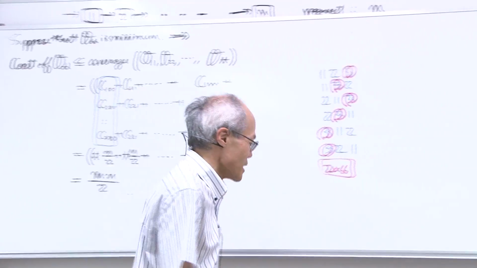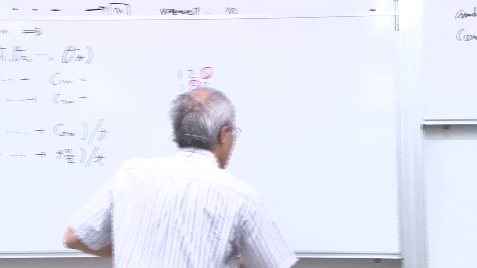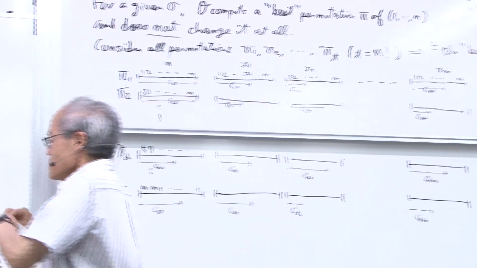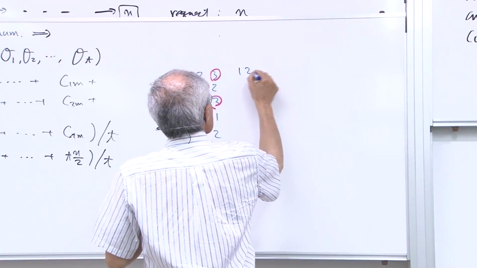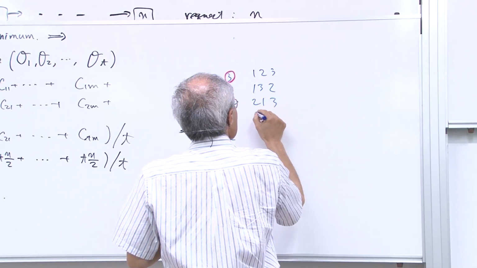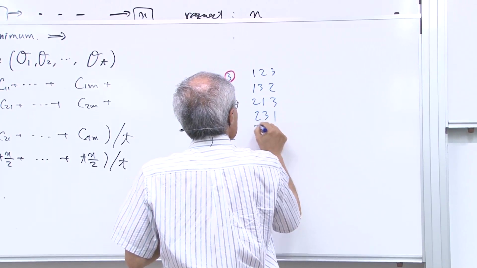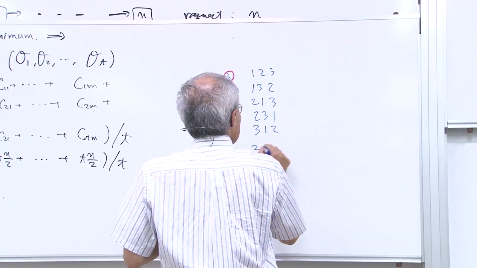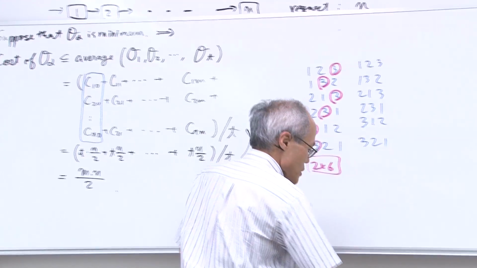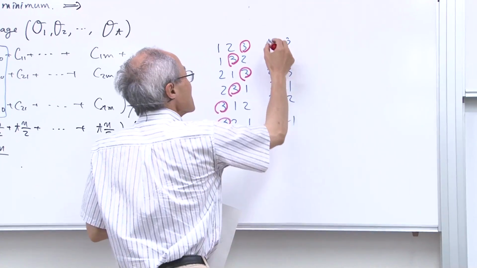And exactly the same. Again, this column is, of course, the same. 1, 2, 3. 1, 3, 2, 2, 1, 3. Then request is maybe 1.